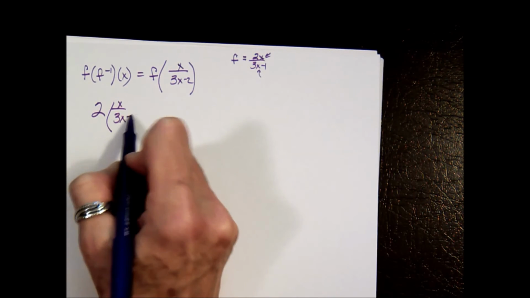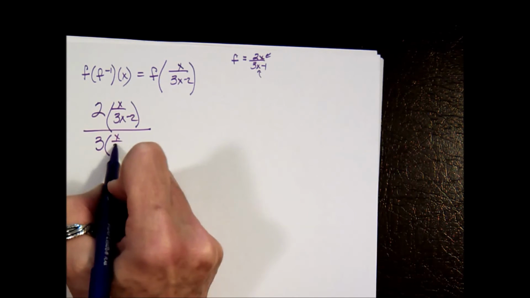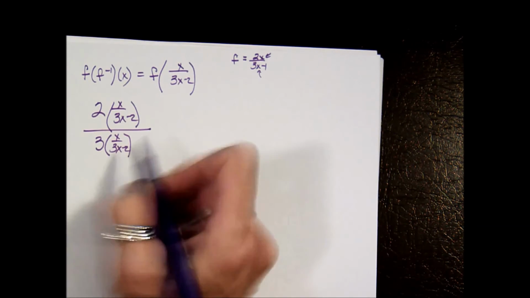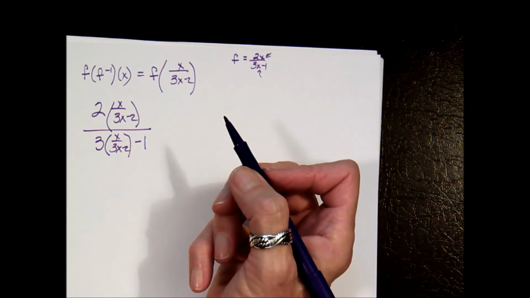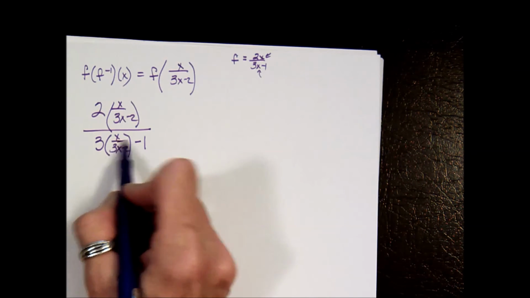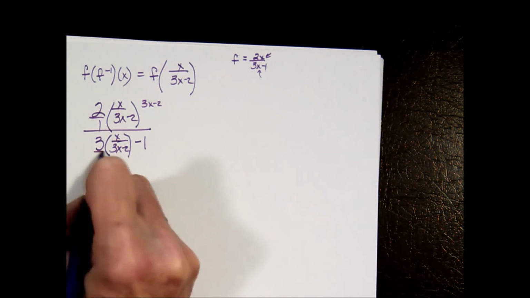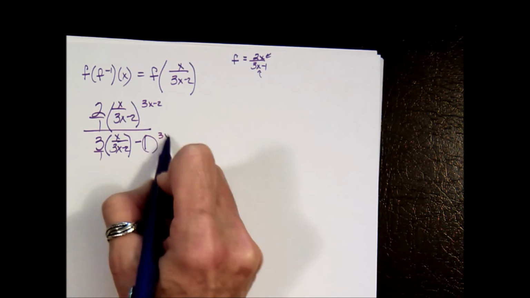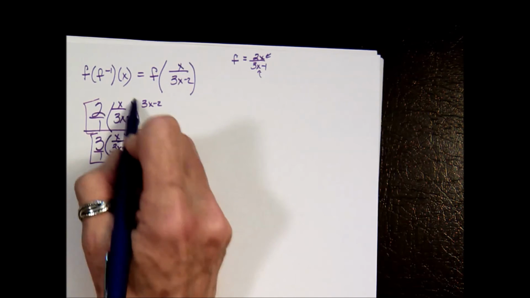That is all over 3. Take out the x, put in this. X over 3x minus 2 minus 1. So I need to get rid of those complex fractions. So I'm going to multiply everything by 3x minus 2. This is over 1. This gets multiplied by 3x minus 2, and this whole thing here, just like this one, whole thing, gets multiplied by 3x minus 2.